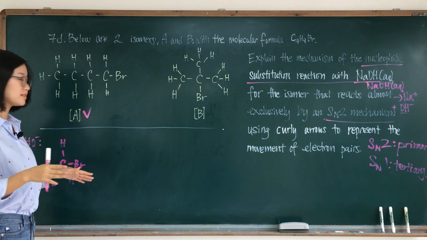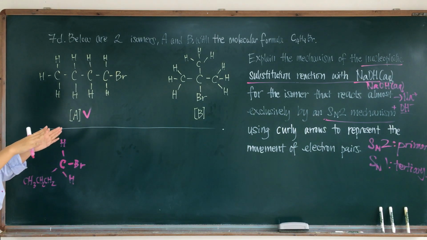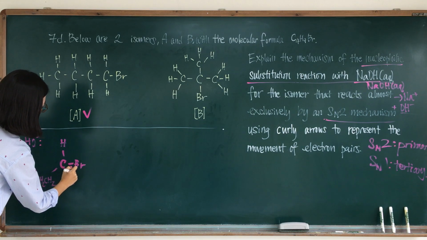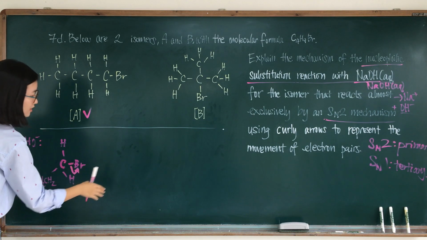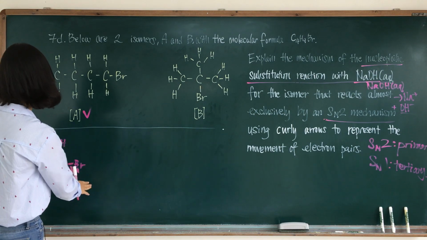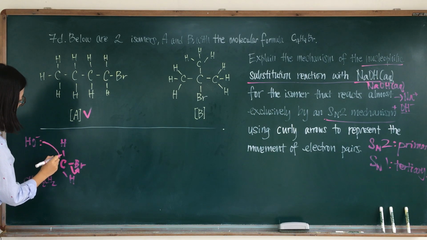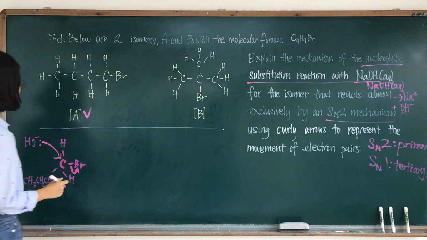Now, for the SN2 mechanism, you remember that these 2 electrons move to the Br. They said to use curly arrows to represent the movement of electron pairs. And these 2 electrons from this nucleophile are going to attack the carbon atom here.